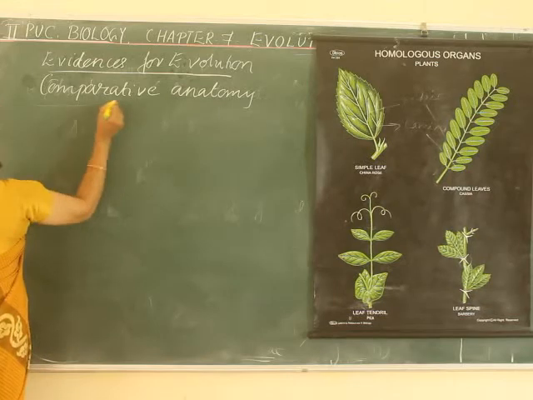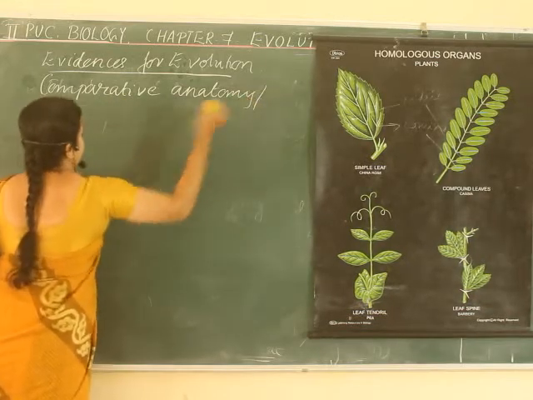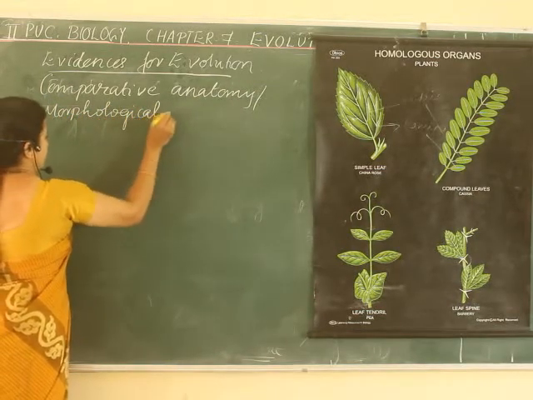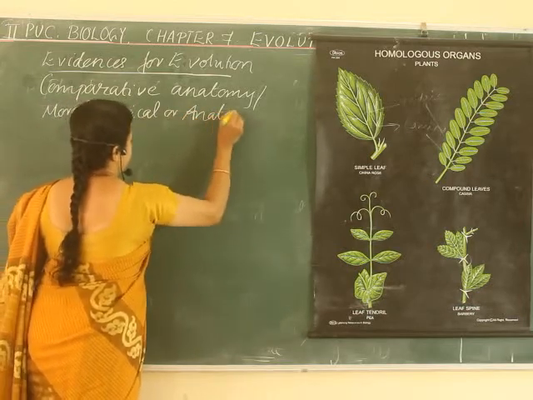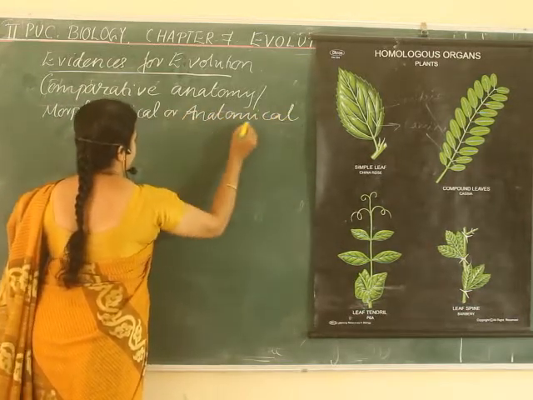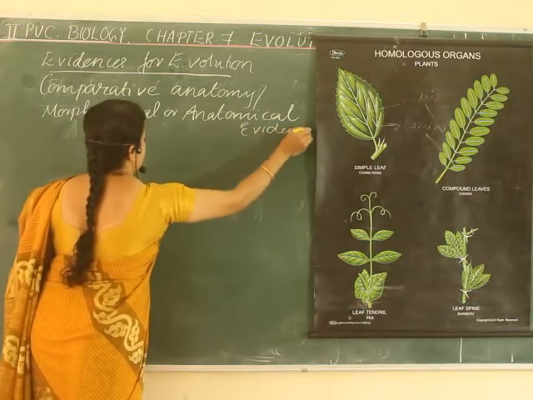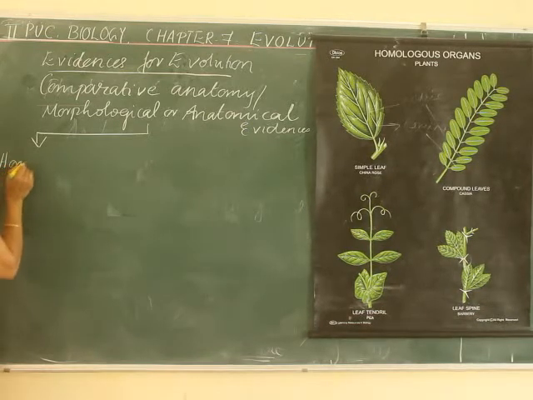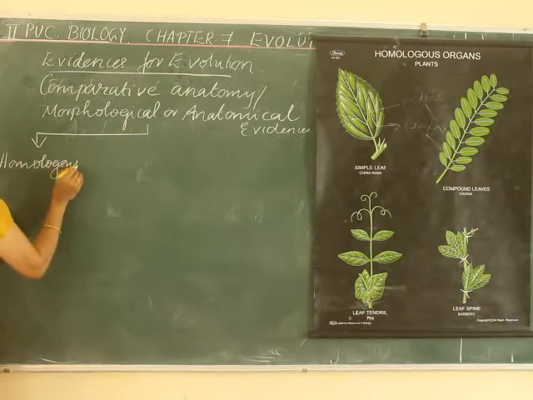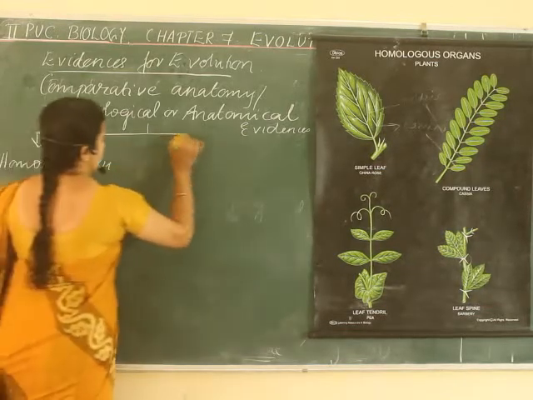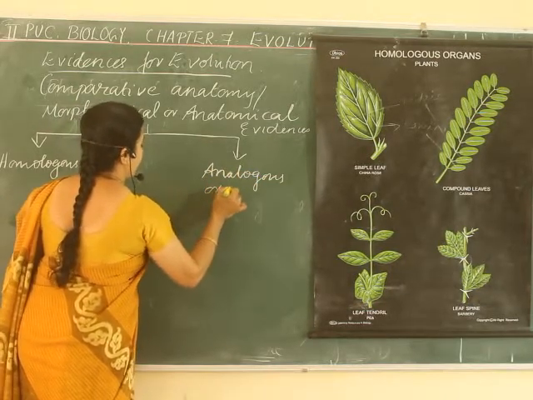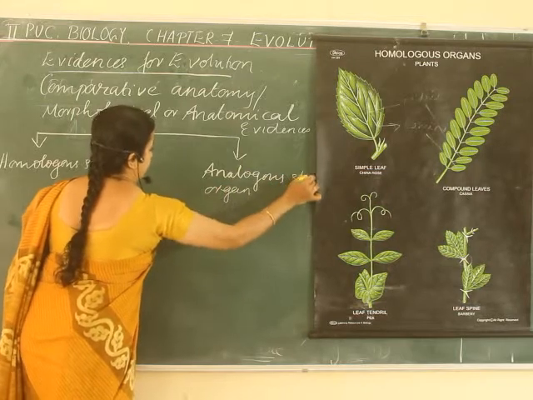These morphological and anatomical evidences are of two types: homologous structures or homologous organs, and the other type is analogous organs or analogous structures.